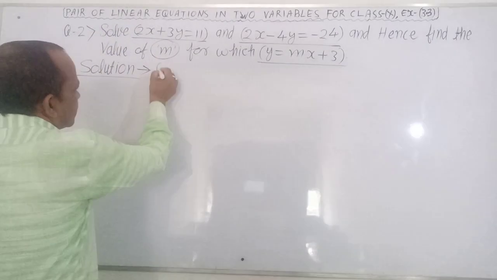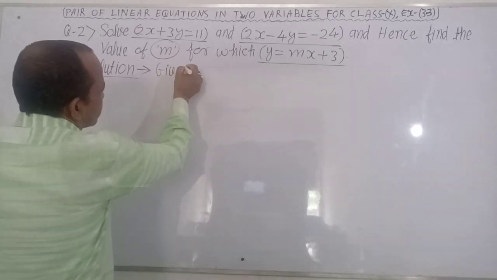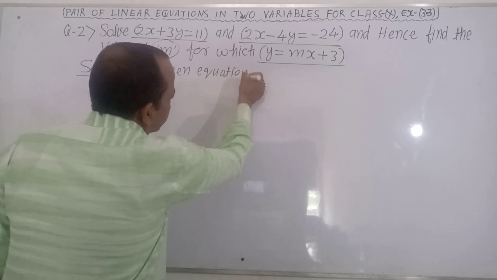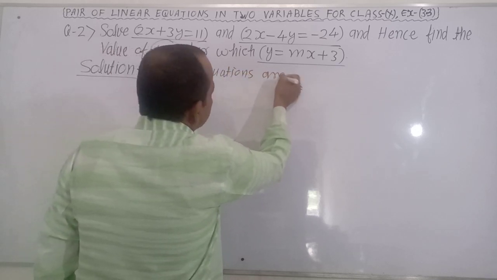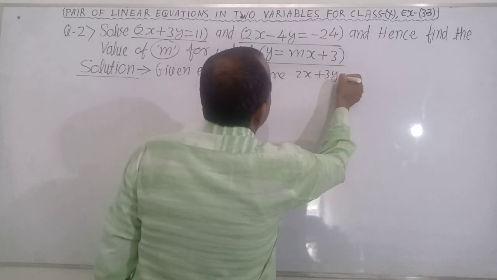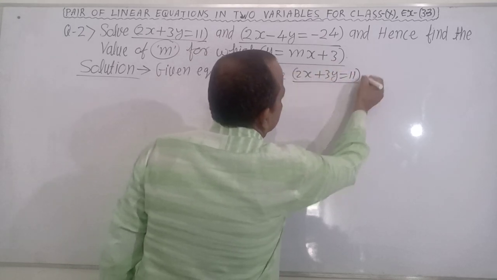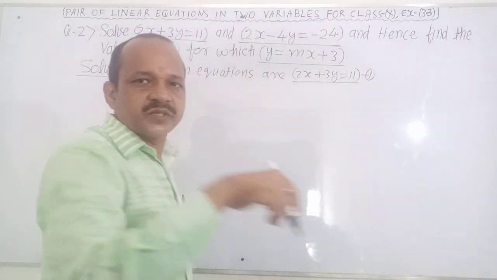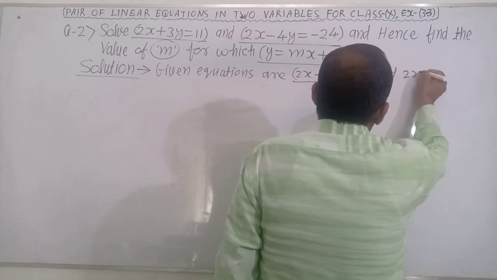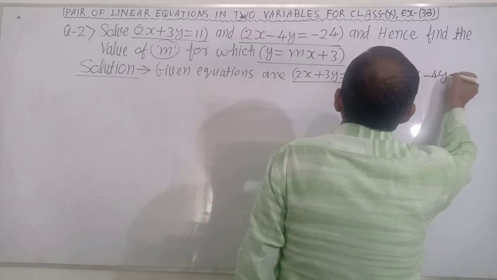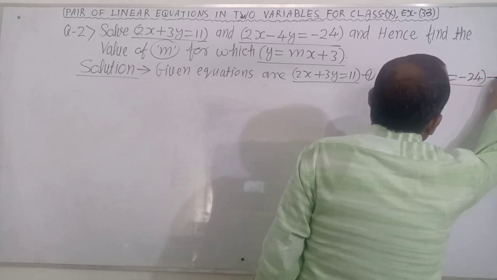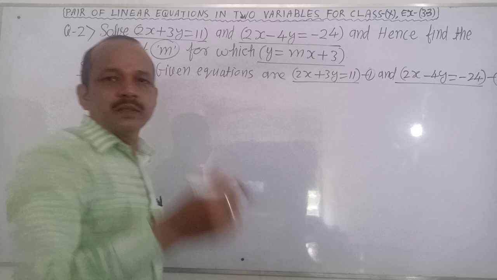Given equations. Equations are 2x plus 3y equal to 11, it is equation first, and 2x minus 4y equal to minus 24, it is equation second.